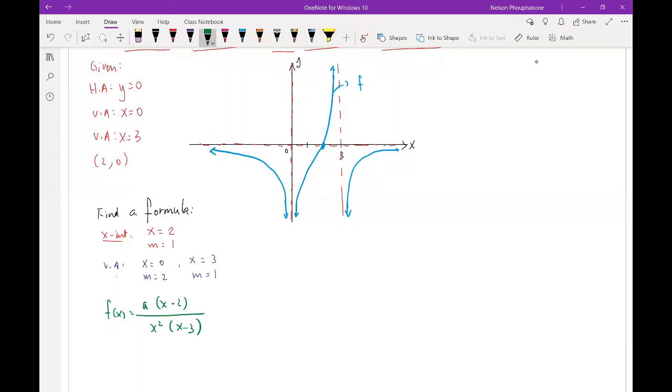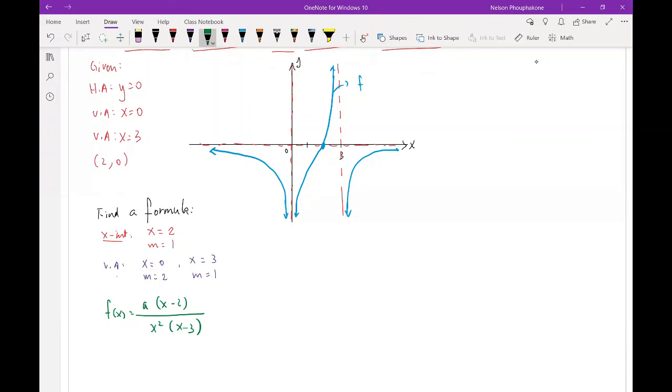Again, the x-intercept is on top and the vertical asymptotes are on the bottom. This a right here is a stretch factor, to determine if it's positive or negative.